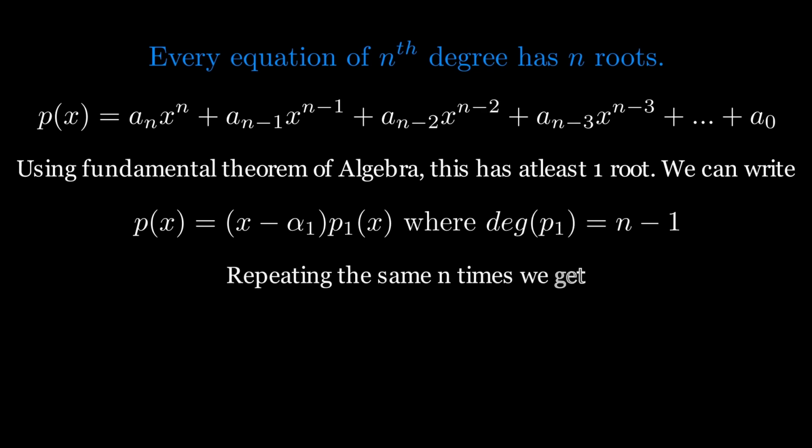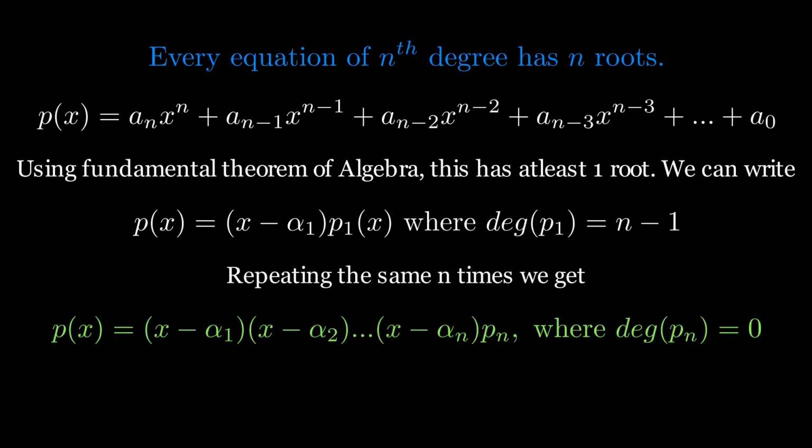Thus, we will repeat the same thing n times until the degree becomes 0 and the fundamental theorem of algebra cannot be applied anymore. Thus, we get this expression where Pn is a constant or a 0-degree polynomial and alpha 1 to alpha n are the roots of the equation. Thus, any n-degree polynomial has n roots.